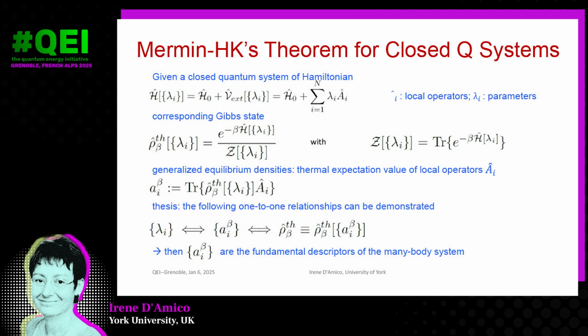So this is a one-to-one correspondence, which tells us that indeed these local densities, or if you like, these generalized equilibrium densities, become the fundamental descriptors of my many-body system. I can use them to describe the properties of my many-body system.